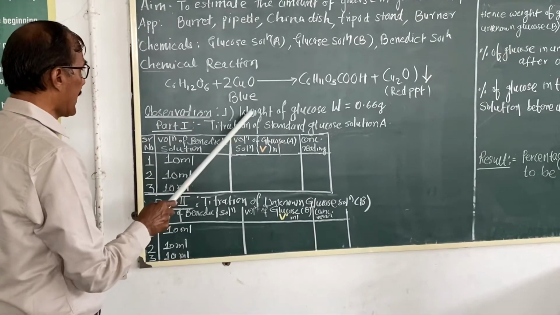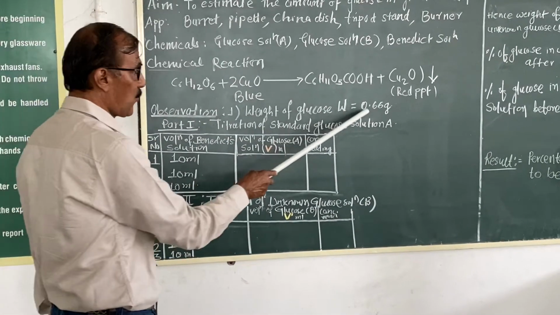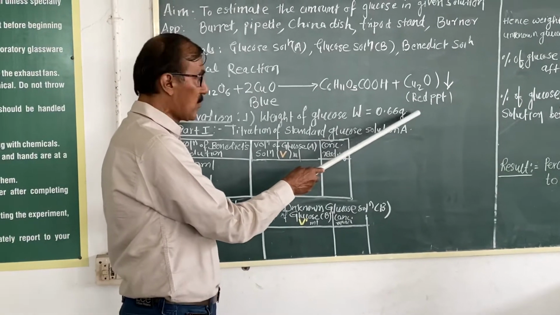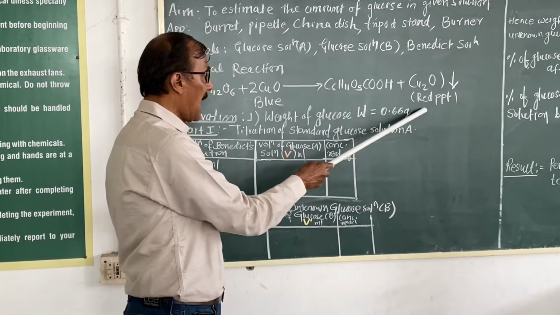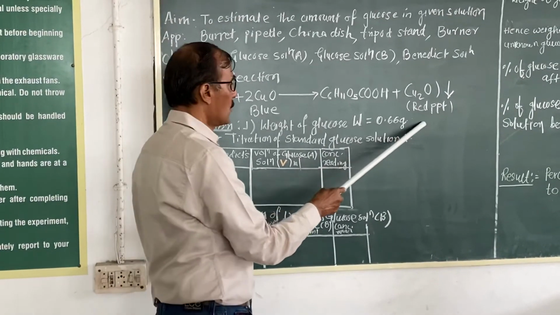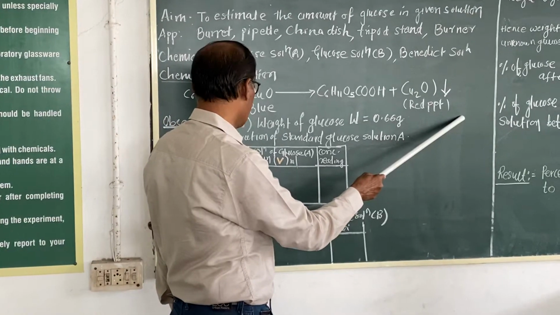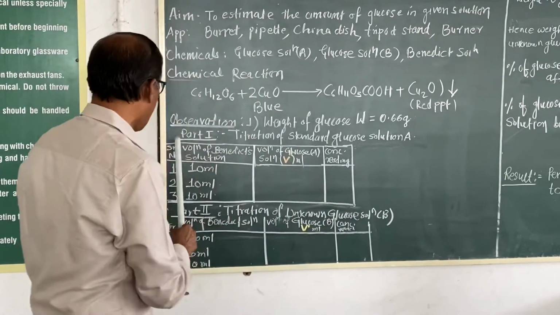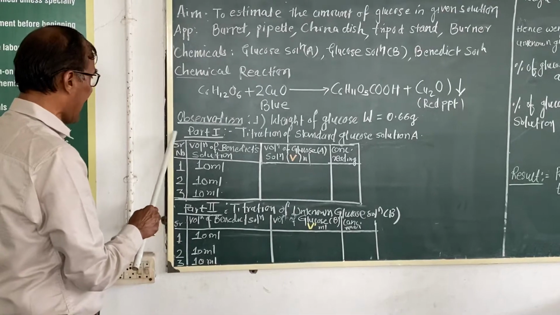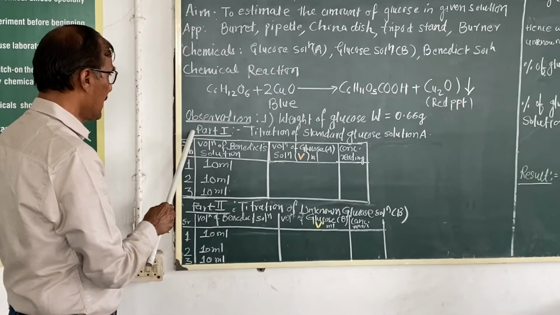Observations: we have to take the weight of glucose, W, as 0.66 gram. You have to dissolve it in 100 ml distilled water. Then do the titrations here.